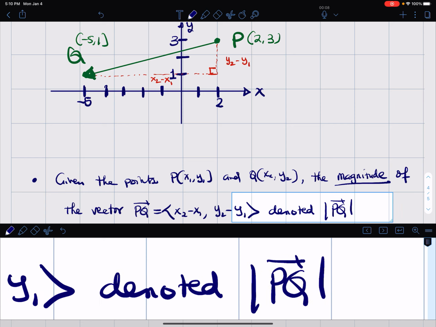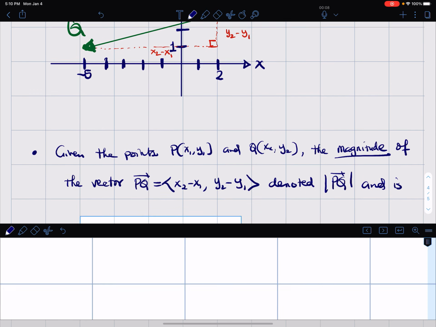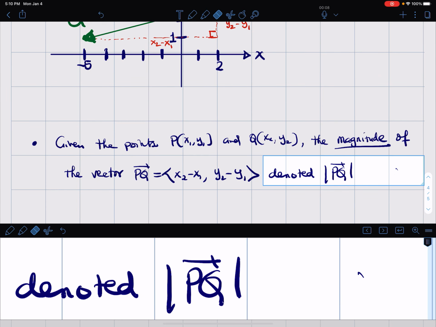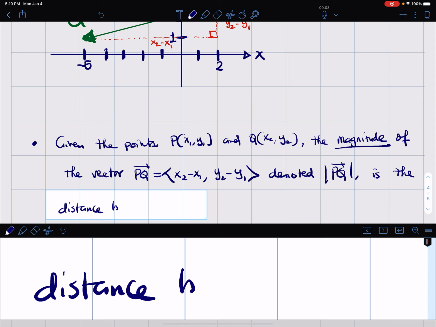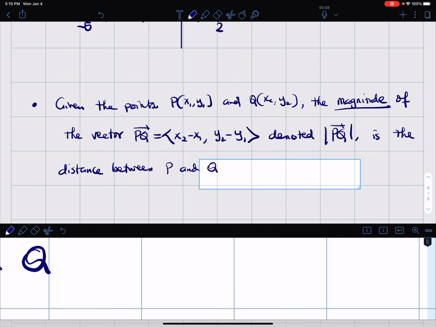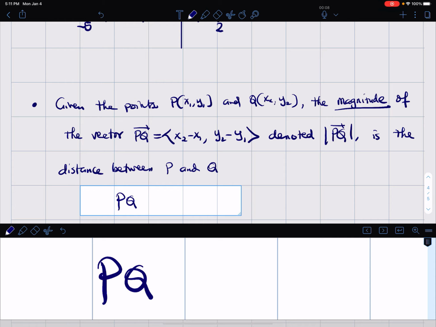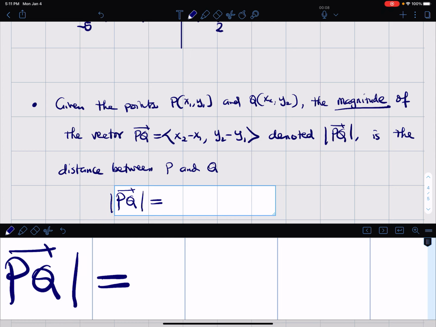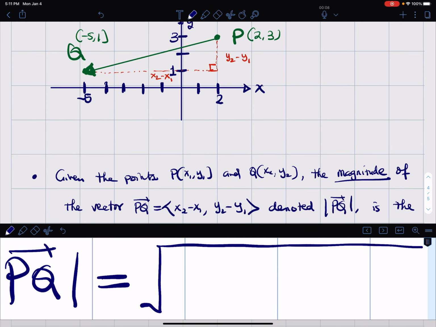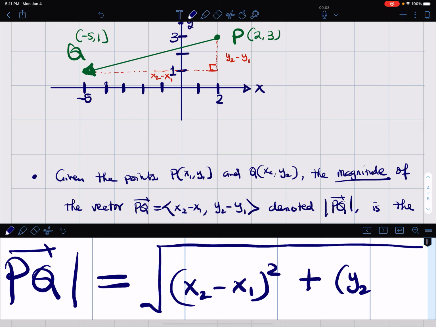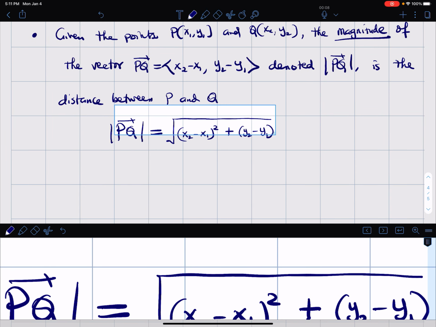It's like the absolute value of PQ, and is the distance between P and Q. Okay, and this distance, having done a lot of pre-calculus, is just the square root of the adjacent x2 minus x1 squared plus the opposite, y2 minus y1 squared. Okay, so that is the magnitude of the vector PQ.